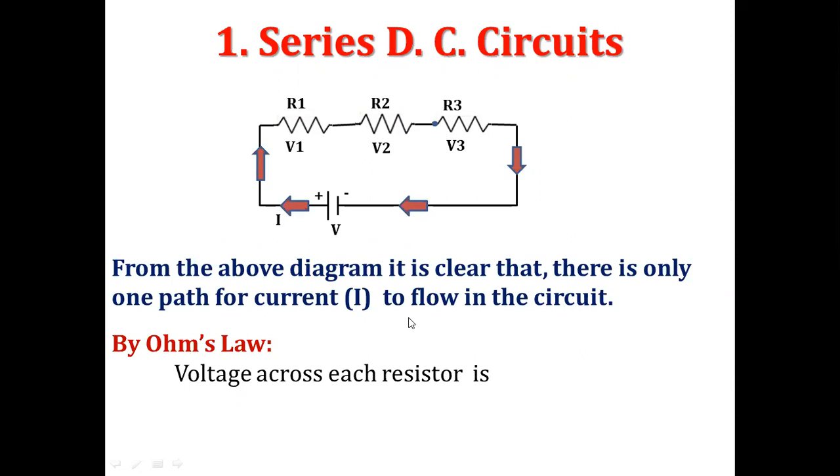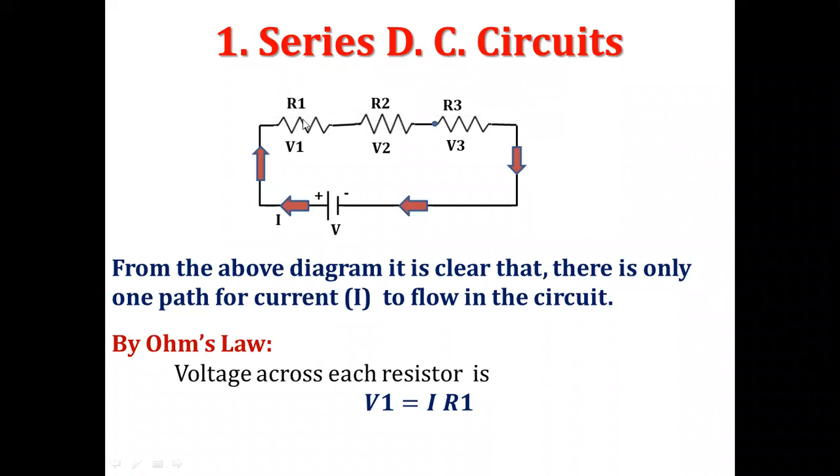So by Ohm's law, we have to consider the voltage across each resistor: voltage across R1, voltage across R2, voltage across R3. The voltage across resistance R1 is nothing but the voltage drop across this one. V equal to what? According to Ohm's law, IR. The current flowing here is I only.